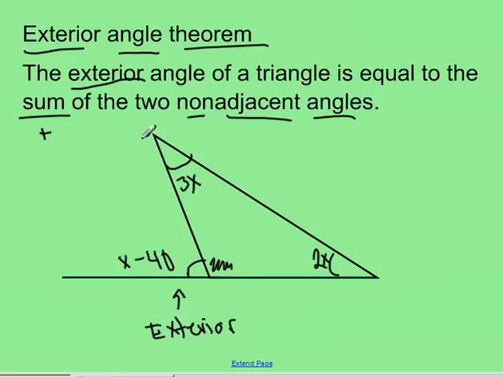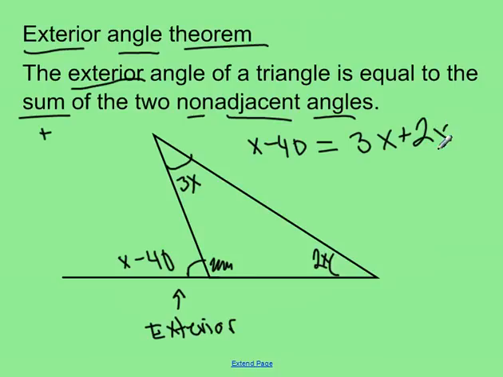All right? So to solve this, we know that the exterior angle, x minus 40, is equal to the sum, that's addition, of the two non-adjacent angles. So it equals 3x plus 2x. Now all I have to do is simplify this and solve. X minus 40 equals 5x.